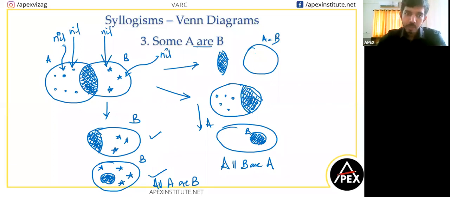A equal to B. When there are no B's which are not A's, so this is 0. And there are no A's which are not B's. This is also 0. Then only this overlapping part is left, which can be drawn as a circle as well. So all of them are A equal to B. All are A and all are B also.